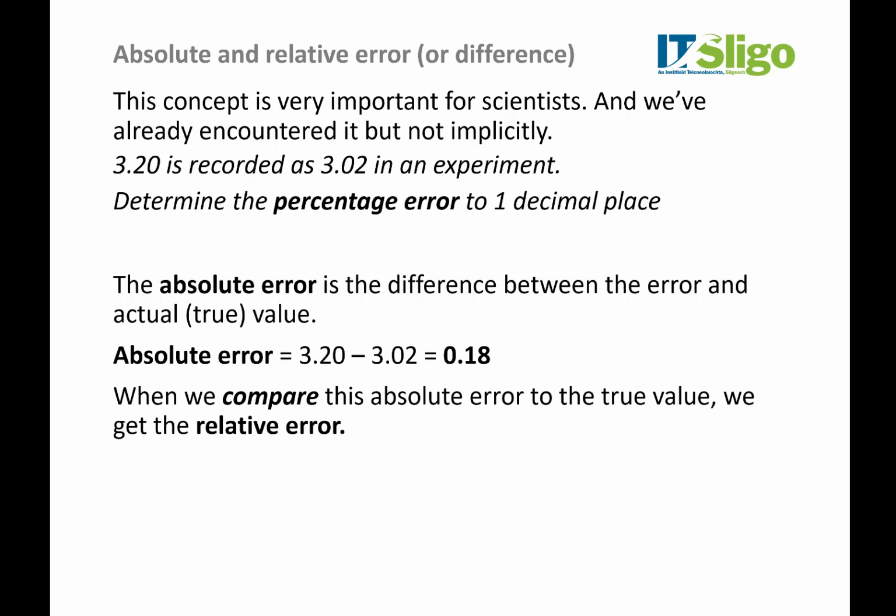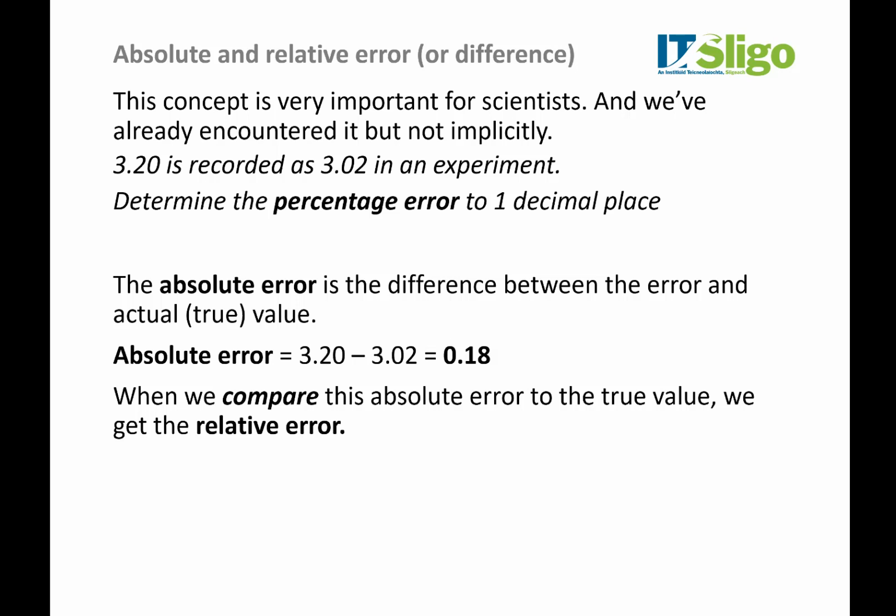When we compare this value to the true value, which we did, that's now called, guys, the relative error. So what I called the percentage error in a more general sense would be called the relative error, because we were comparing our error to another value. So that's what relative means, when you compare one value to another one.